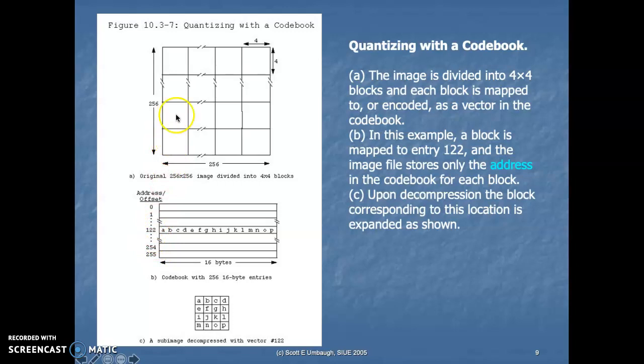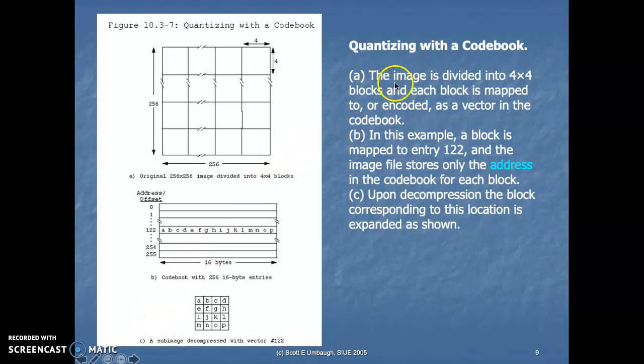Okay. So for example, this block may be here, and it will be indexed as 122. So instead of encoding pixel by pixel, you can do the quantization by dividing into blocks.